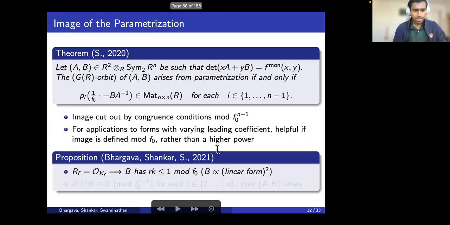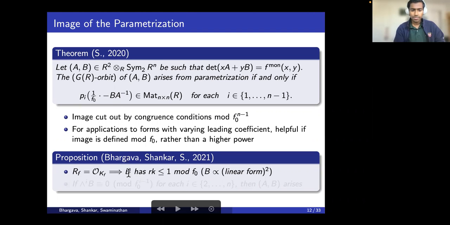And so in that regard, together with Bhargava and Shankar, we noticed the following. When R_f is the ring of integers of its fraction field, then these complicated looking conditions are actually very simple. They just amount to saying that the matrix B has to have rank at most 1 mod f naught.